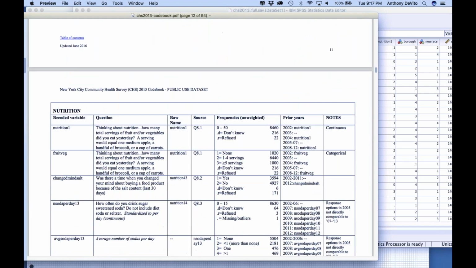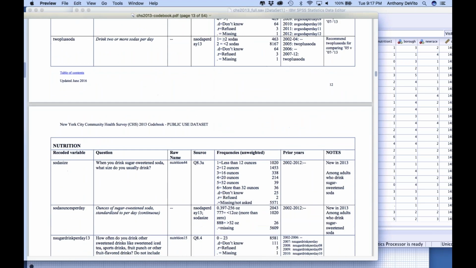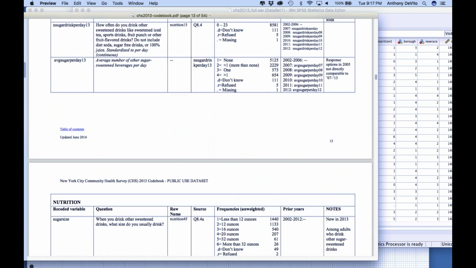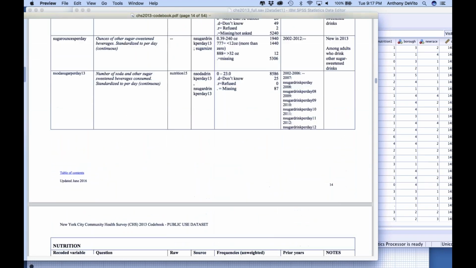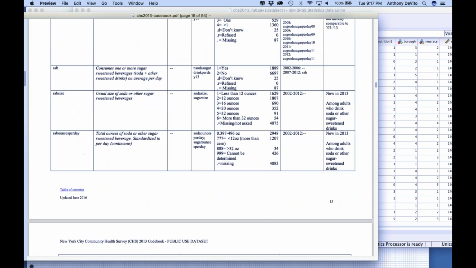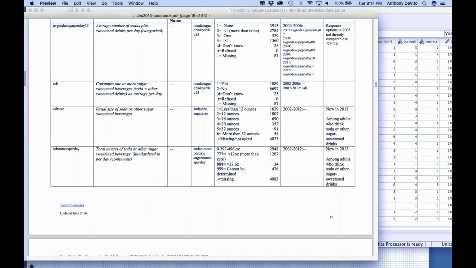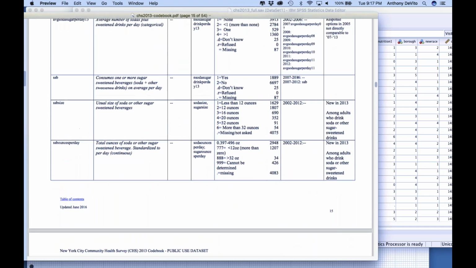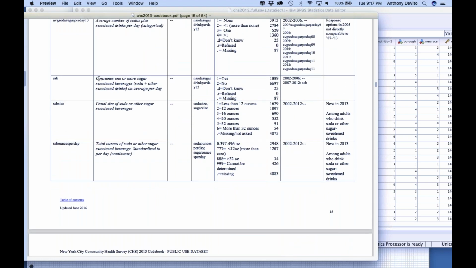You guys may have this experience as you're going through this, looking for something you're interested in evaluating. You may go through here looking at all these different variables. Okay, how about this one? This is a nutrition one. Consumes one or more sugar-sweetened beverages on an average day.